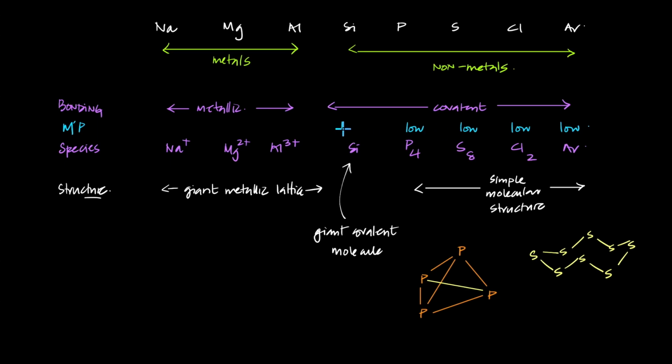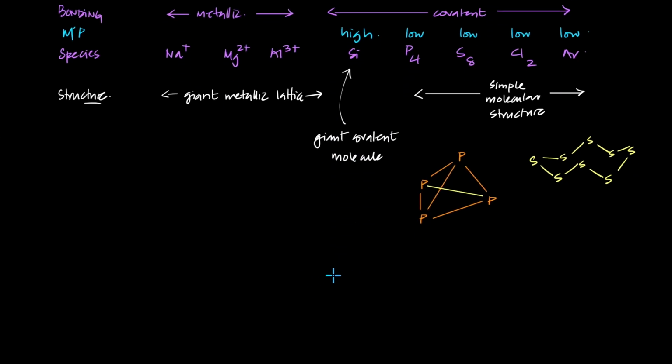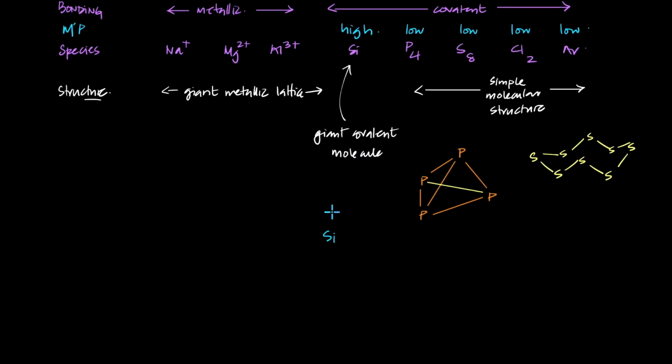And silicon is high because that's a giant molecule that would look something like this, and you are expected to know how to draw it. That's silicon, with bonds like this with Si. This can bond here, like that, and it continues on.